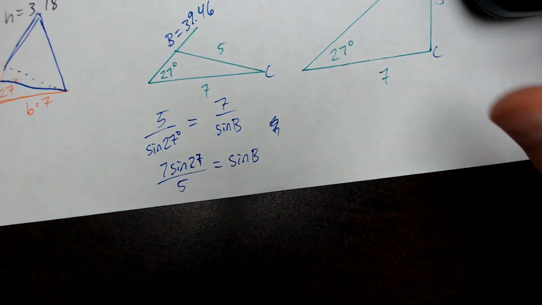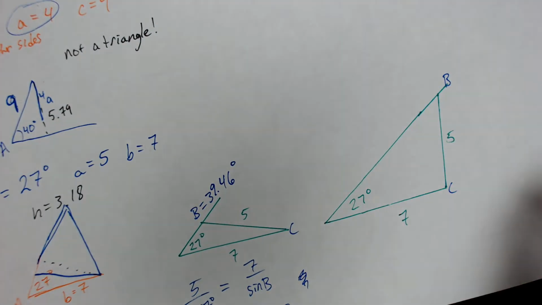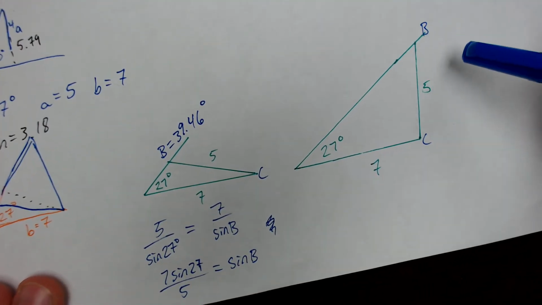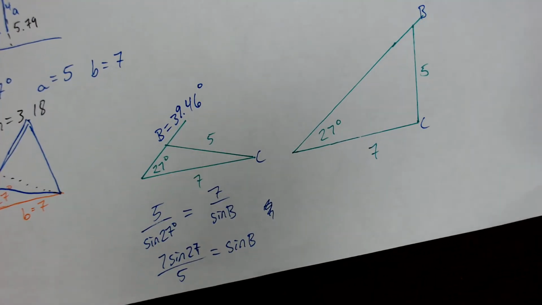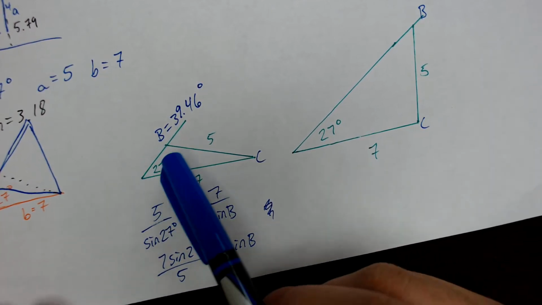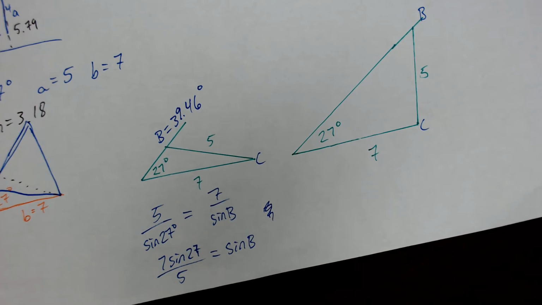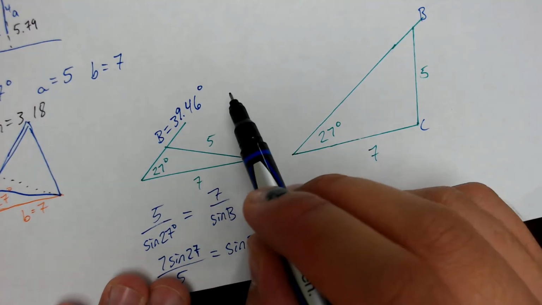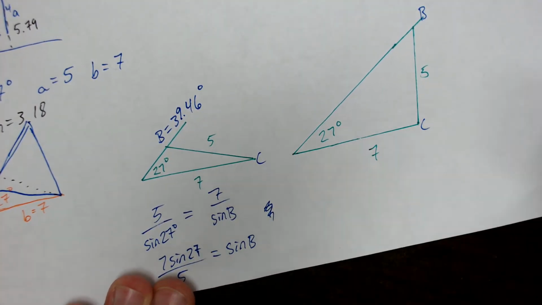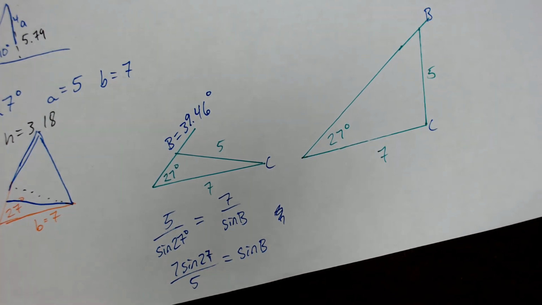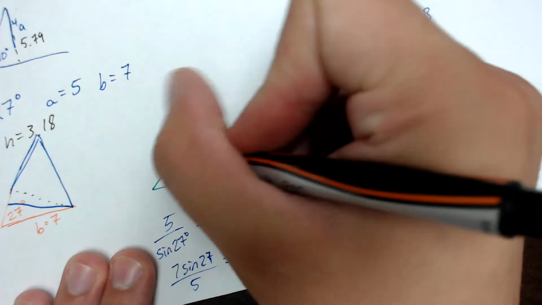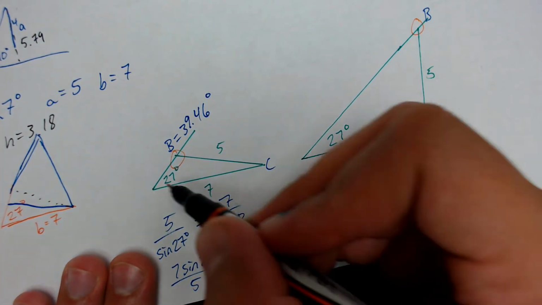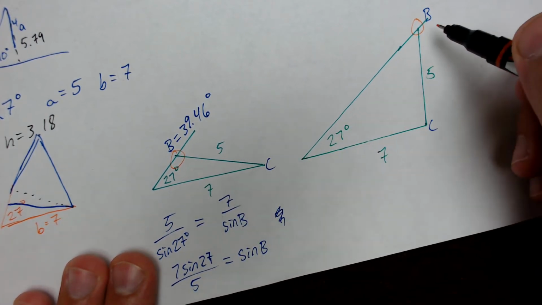Now the question is, if I do the exact same math on this triangle, how do I get the other version of angle B? Because it's going to end up being the same equation over here. Well, once we solve one of these to get the other version of B, all we have to do is subtract this from 180. If you'll notice, this little extension that I've drawn here and here shows the different halves that this angle will create.